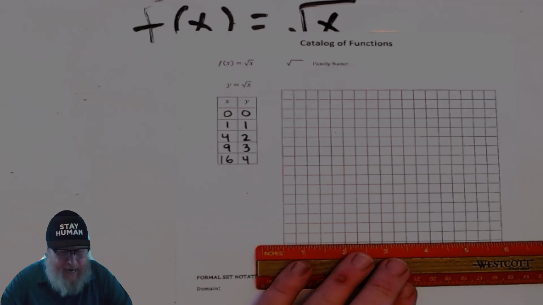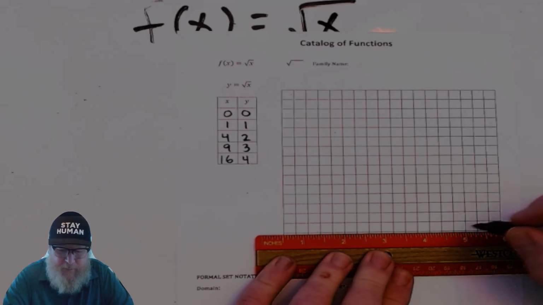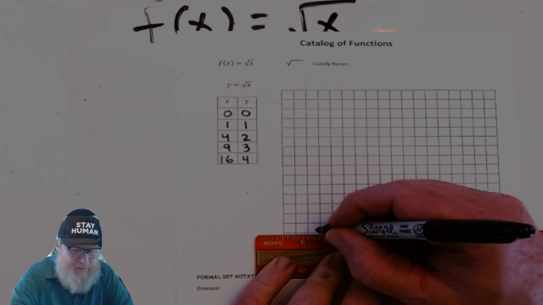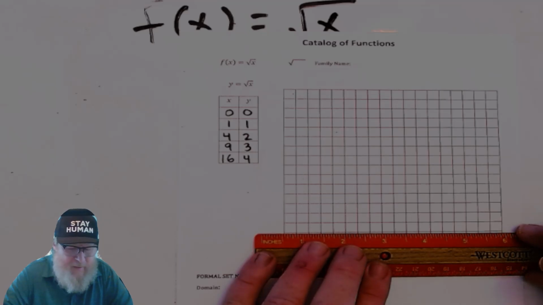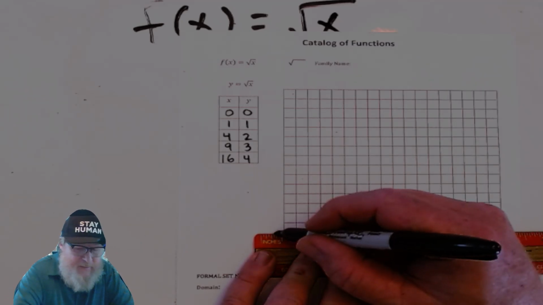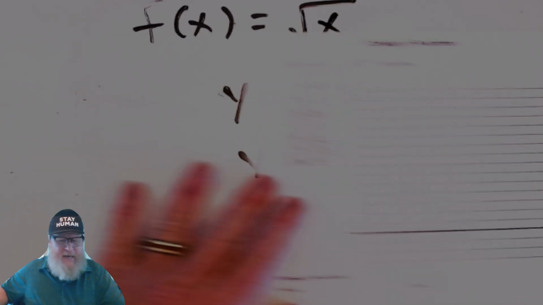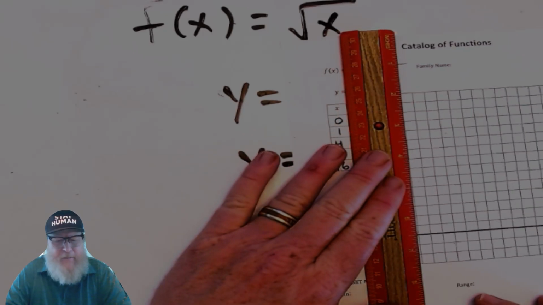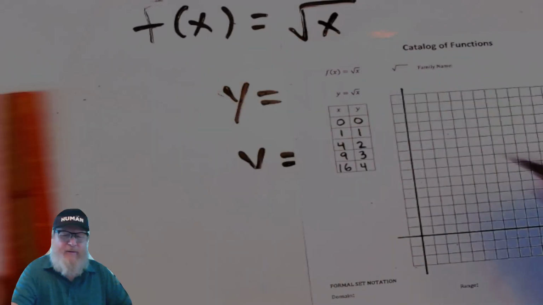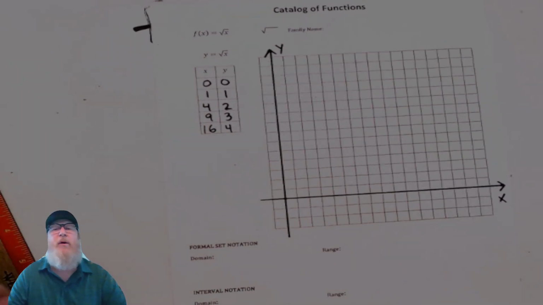So I'm actually going to count 1, 2, 3, 4, 5, 6, 7, 8, 9, 10, 11, 12, 13, 14, 15, 16 boxes. So there's my x-axis, and I'm going to put my y-axis way over here, because I want to fit as many of these points as I possibly can.